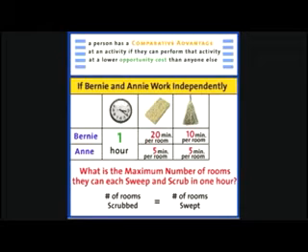That leaves him 40 minutes for scrubbing, and since it takes him 20 minutes to scrub a room, 40 minutes divided by 20 means that he has time left to scrub the 2 rooms. So if Bernie works by himself, then he is able to sweep and scrub 2 rooms each. So it looks like that point would be right here on the diagram. Bernie working by himself winds up scrubbing 2 rooms and sweeping 2 rooms.